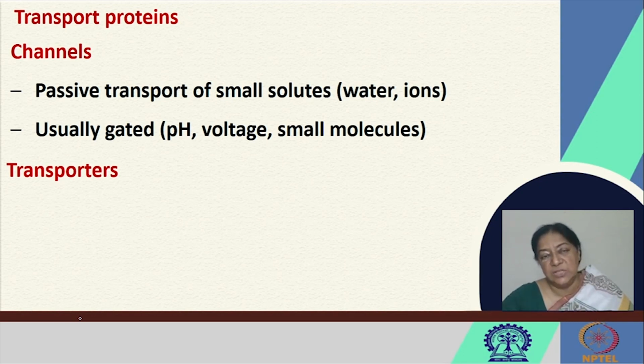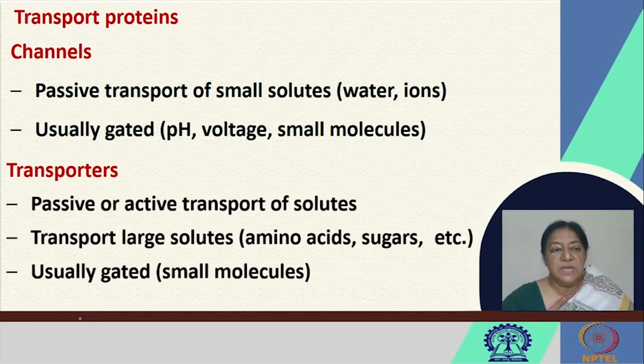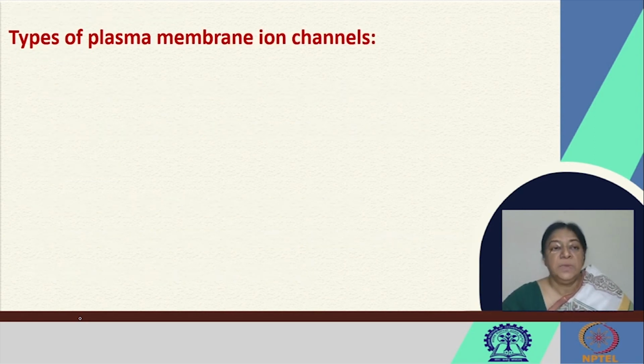These gates open when they are triggered by pH, by voltage, or by small molecules. Similarly, transporters allow the passive or active transport of solutes. Transportation of larger molecules is possible, and these are usually gated, with small molecules that trigger the gates.